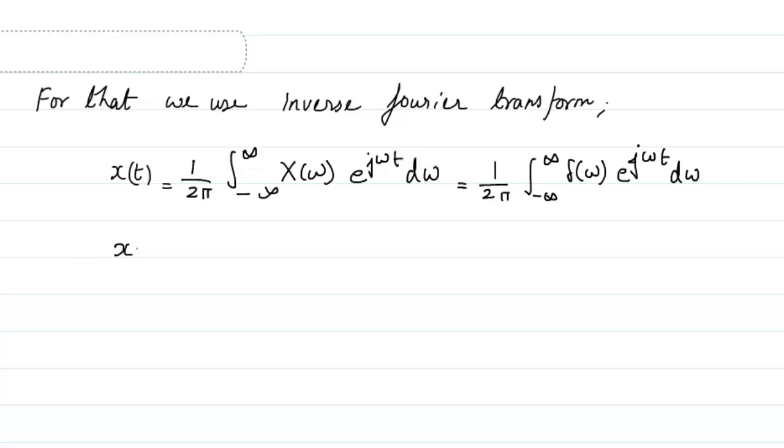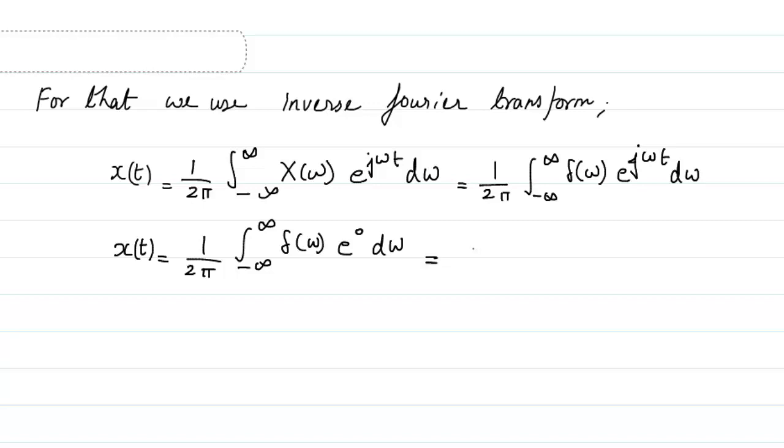So x of t will basically become 1 by 2 pi integral from minus infinity to infinity delta omega into e raised to power j0, which I will just write as 0, d omega.